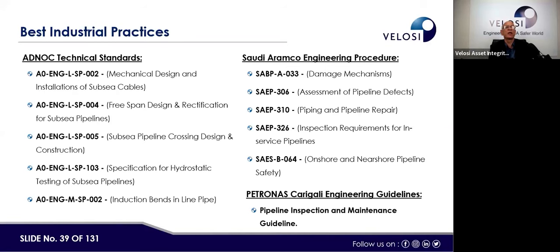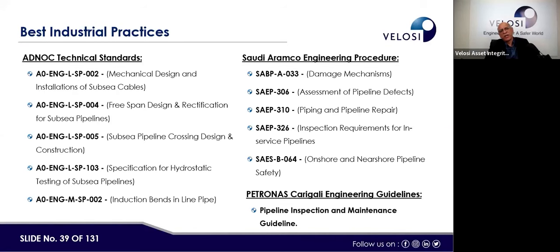These are standards coming from ADNOC, and there are Saudi Aramco standards, where damage mechanism is A033, assessment of pipeline defects is SAEP 306, and piping and pipeline repairs is SAEP 310. Similarly, there are standards from Petronas, pipeline inspection and maintenance guidelines for the pipeline.